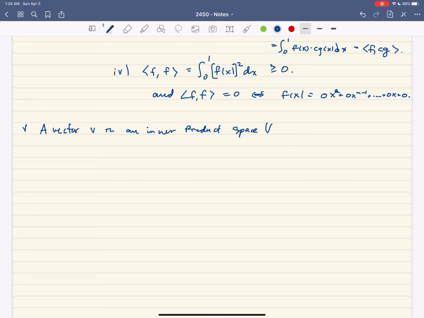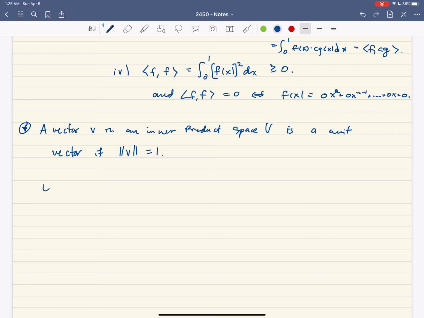So a vector in this inner product space V is going to be called a unit vector if the magnitude of V is 1.